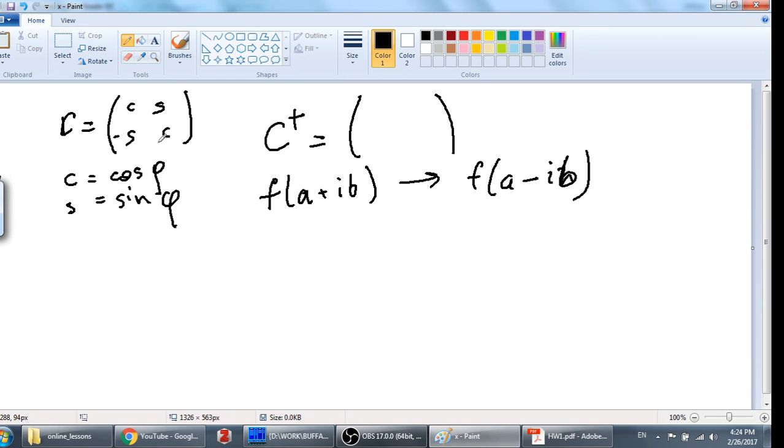Transpose means everything on the diagonal stays on the diagonal, so C is C, and basically you just reflect elements across this diagonal. So this S will go here, and this minus S will go here. So you will have minus S and then S here.